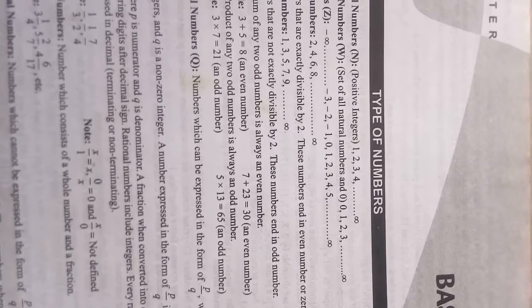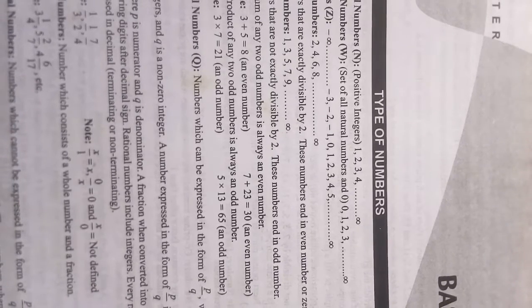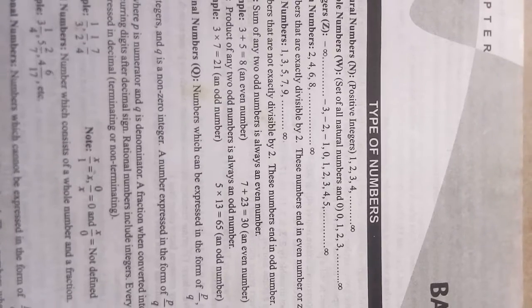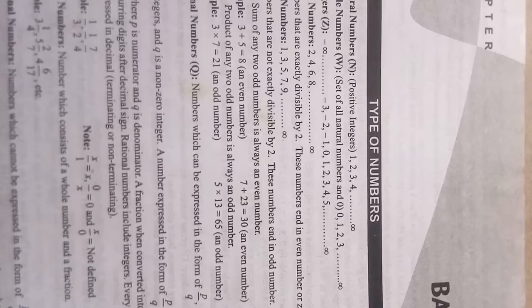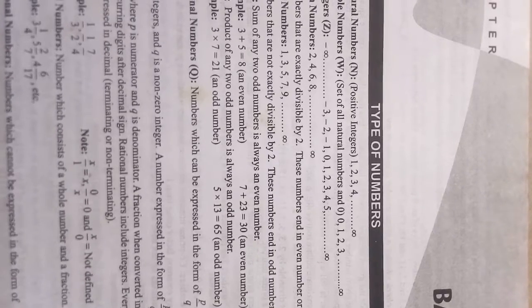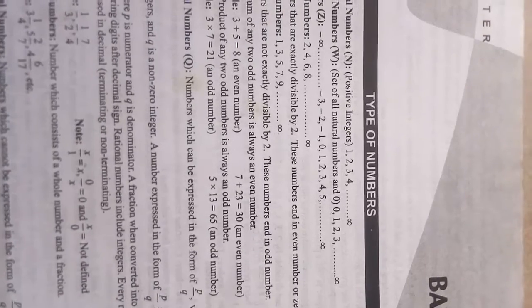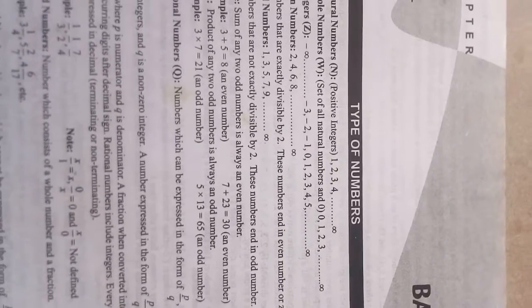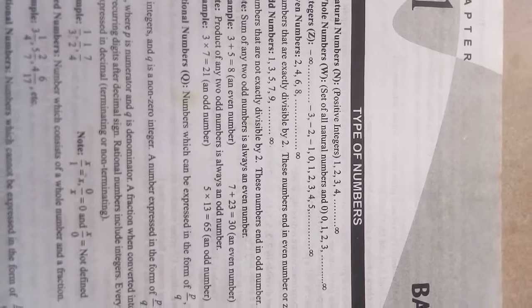Examples are 1, 2, 3, 4, the numbers which have positive values. Whereas the numbers which are to the left of 0 are called negative integers, the numbers which have a negative sign. Then what about 0? 0 is neither a positive integer nor a negative integer.